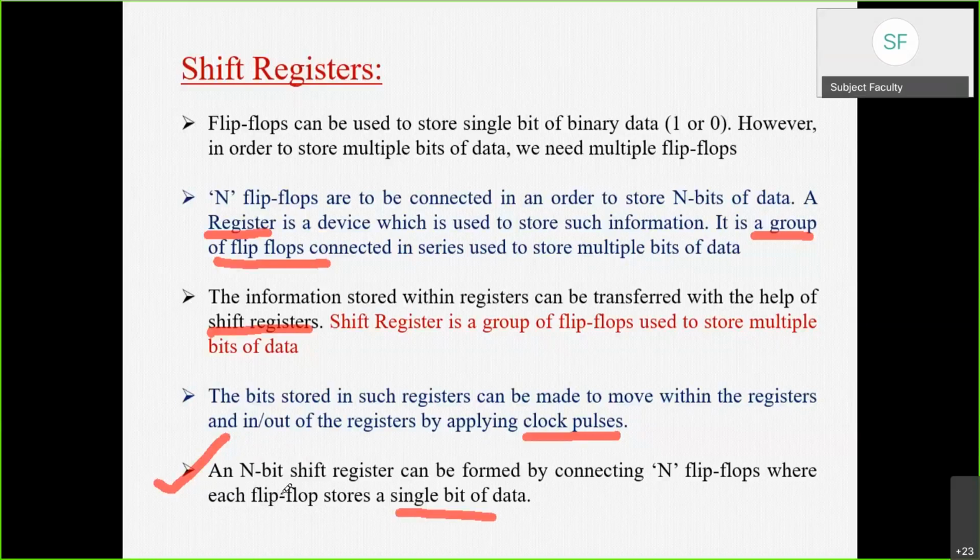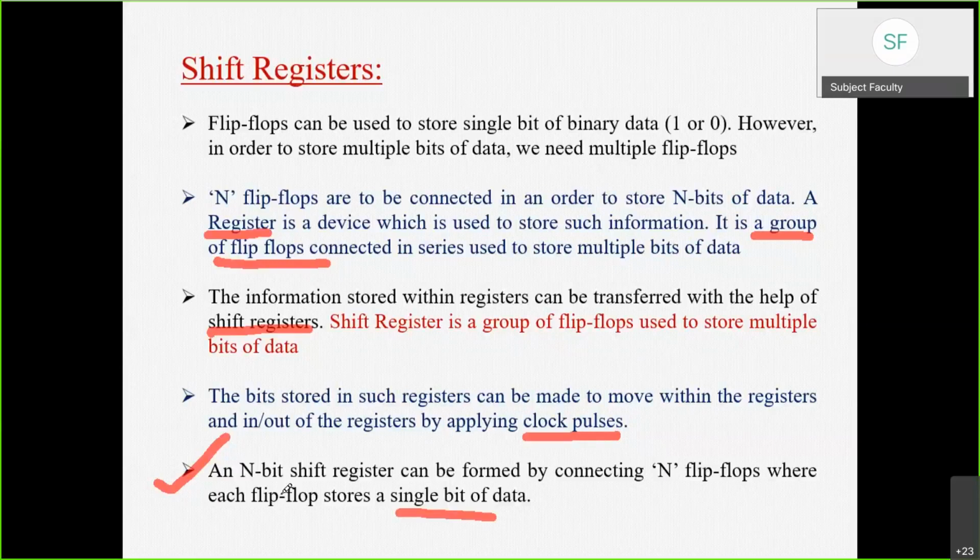The main function of a shift register is that it is used to store multiple bits of data. Just remember that. And the data between the registers can also be transferred. It can be moved from input to output.